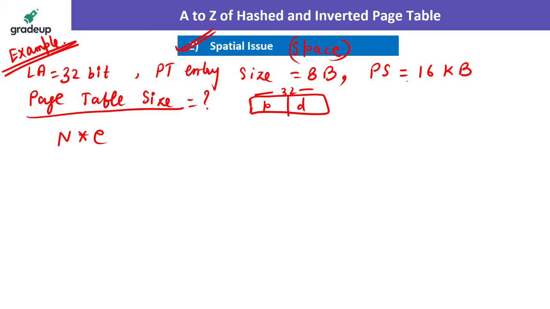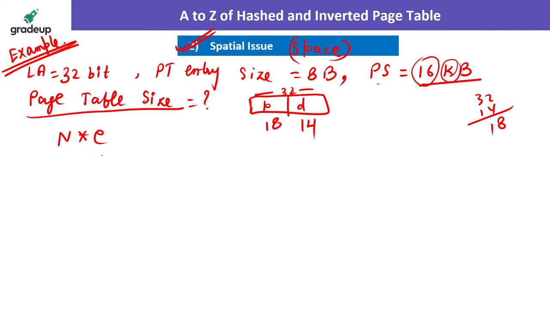So page size is 16 KB, 16 is 2 to the power 4 and K is 2 to the power 10, so it will be 14 bits. 32 minus 14, you have to subtract it so that you get P, which is 18.